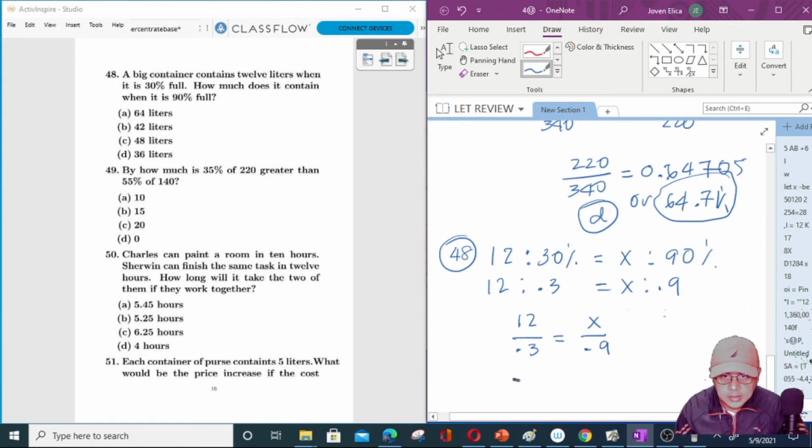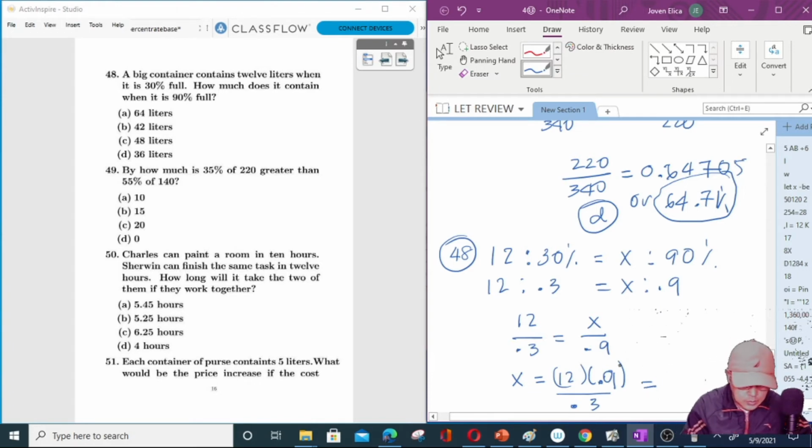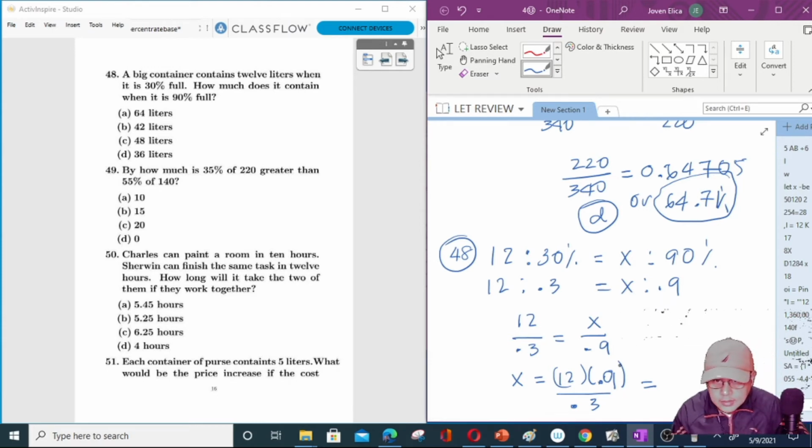So X is equal to 12 multiplied by 0.9 over 0.3. 12 multiplied by 0.9 is 10.8 over 0.3.